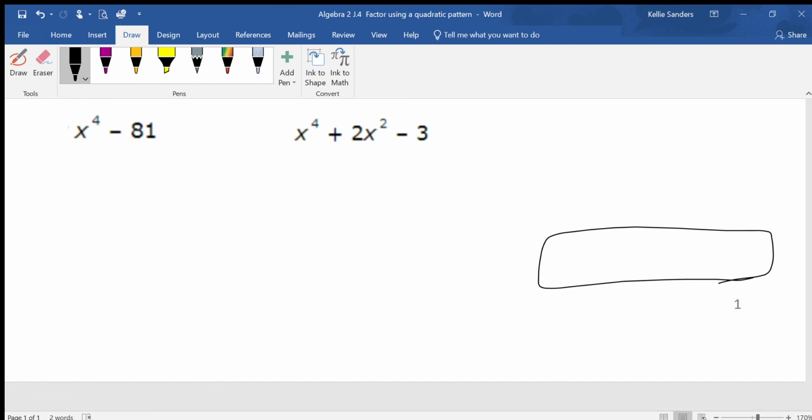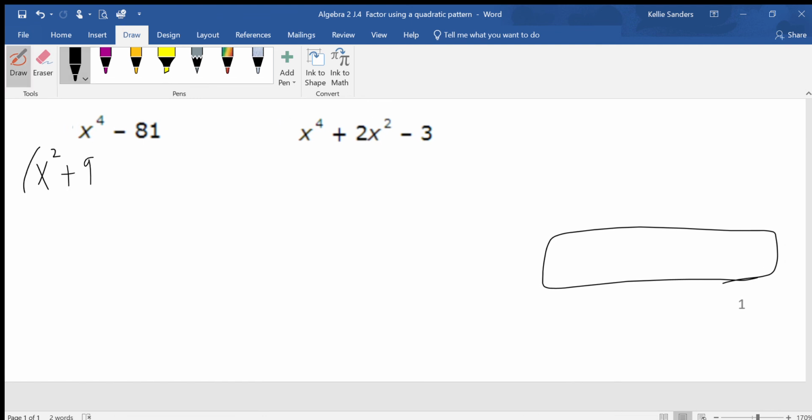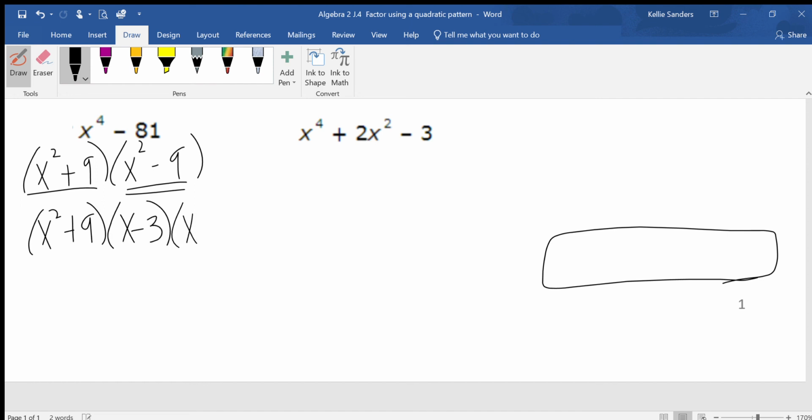I don't want that square there anyway. Okay, x to the fourth, again it's a difference of squares, x squared plus 9, x squared minus 9. That one's done. We're finished. This one is not. So x squared plus 9 is part of the answer, x minus 3, x plus 3.